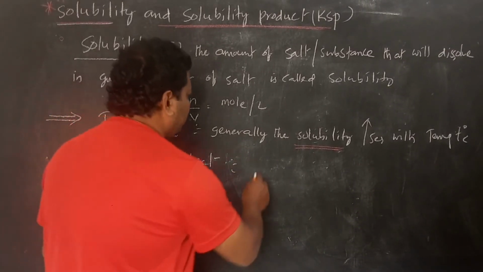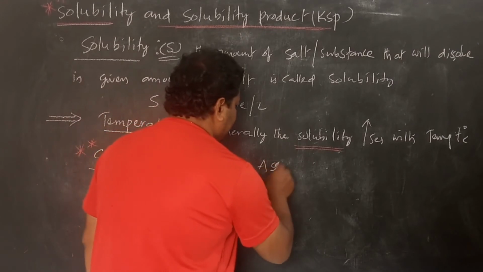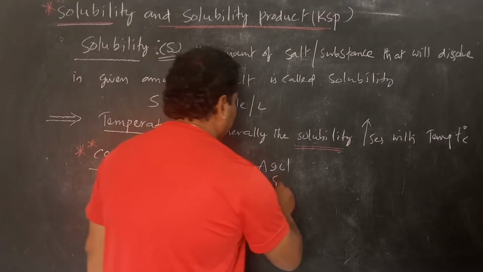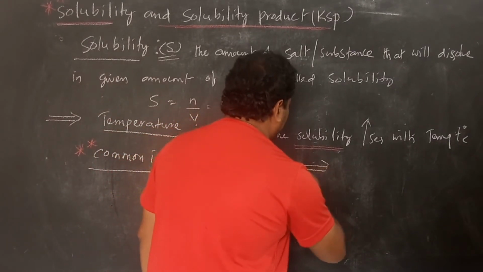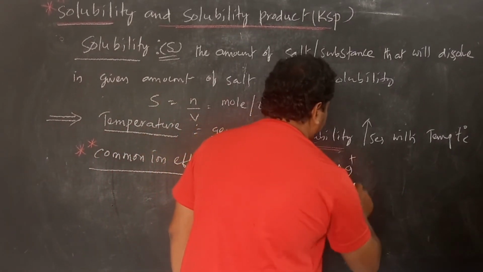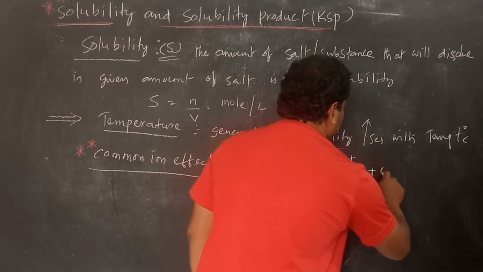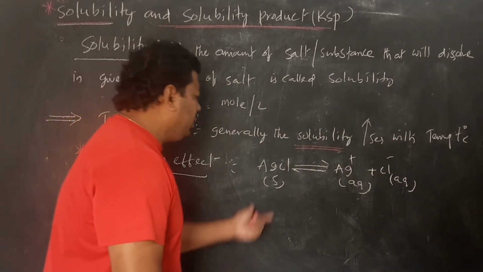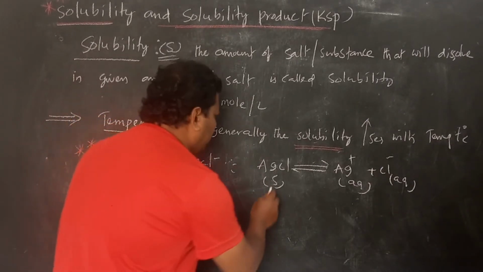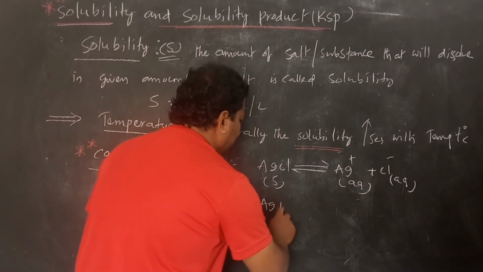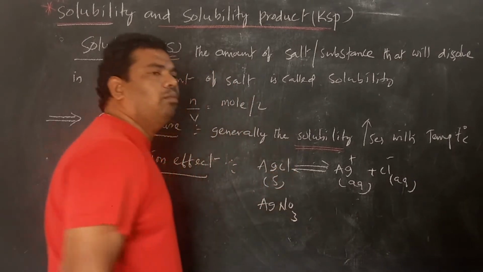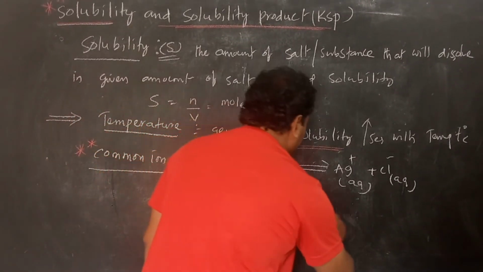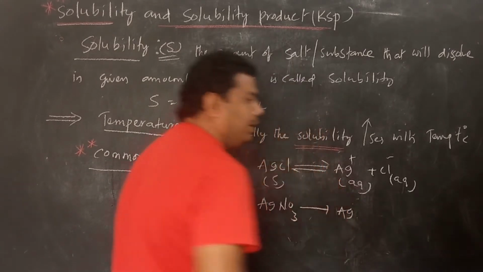For example, we take AgCl. It is a sparingly soluble salt. It is in equilibrium with Ag plus in aqueous and Cl minus in aqueous. Generally, we add a small amount, for example 0.1 mole of silver nitrate, to this silver chloride solution.